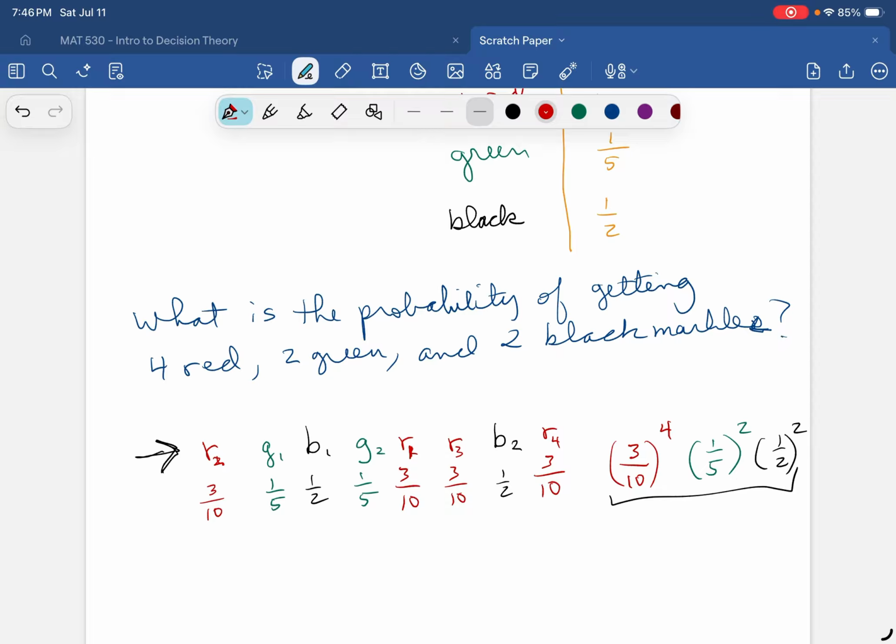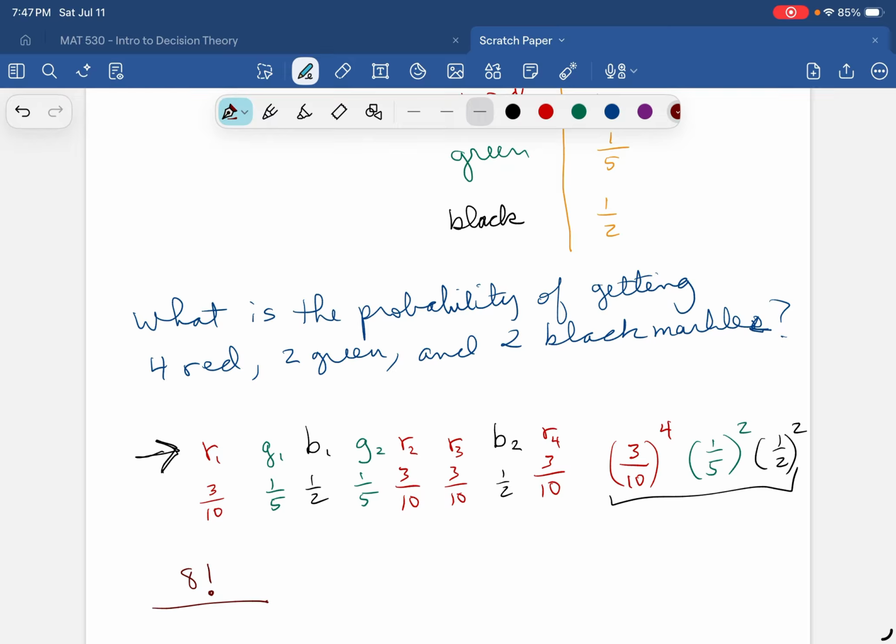To us, we don't care if we call this one R2 and this one R1. That outcome is still the same. I'm going to put it back the way it was. So if we count up the permutations, because that's going to be the next step, how many different ways can we permute what we did get? And of course the answer is 8 factorial. If we took this one outcome and permuted it in every way possible, there would be 8 factorial of those permutations.